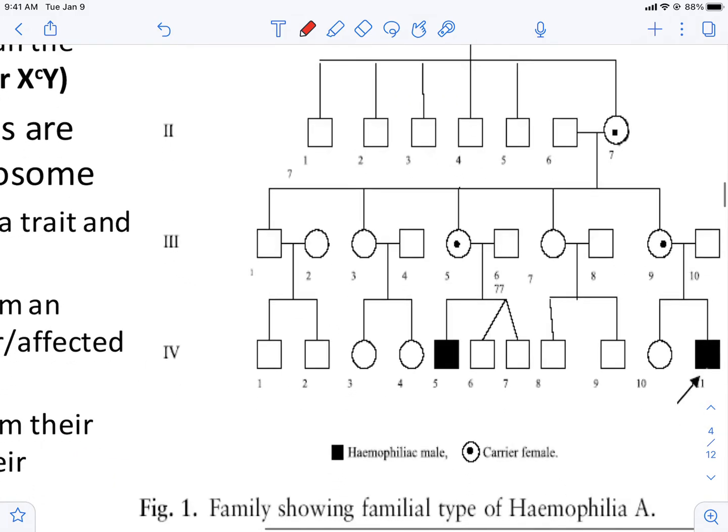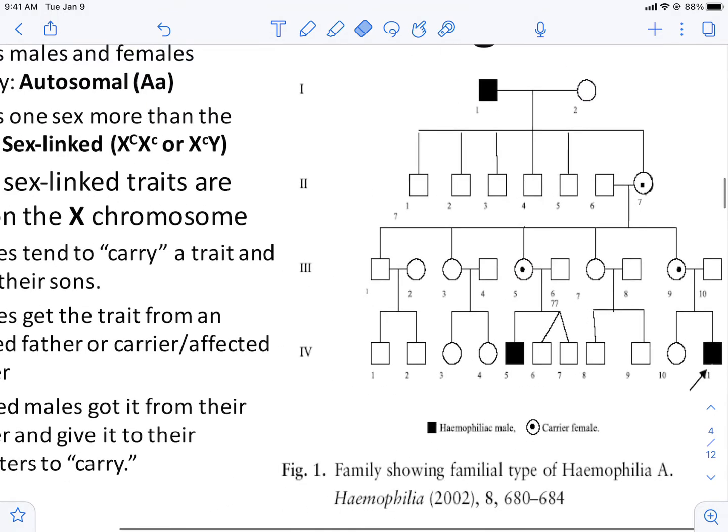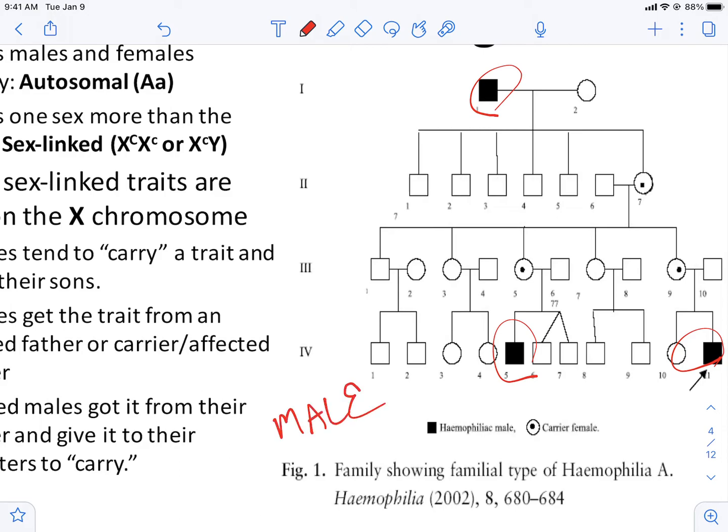If they're a dot, that's the equivalent of being half shaded in, which means that you don't have it, but you could pass it on to your kid. So they don't count. So all we see that are completely colored in are squares. 1, 2, 3. Because we have no circles that are completely colored in, this is a sex-linked trait, meaning if you're a male, you're more likely to get it. So this is sex-linked.